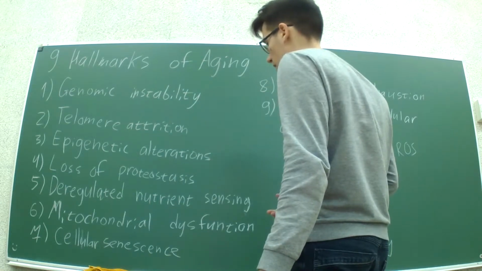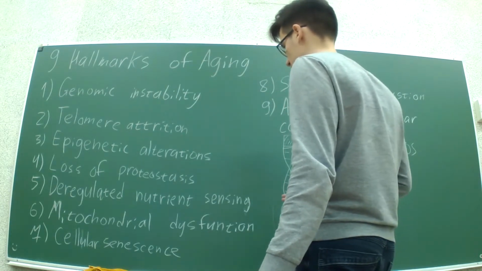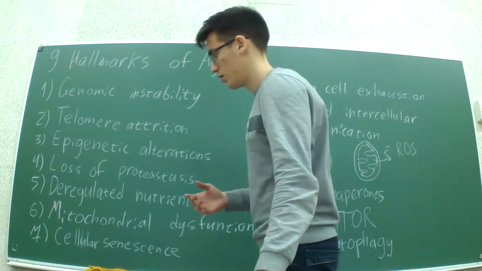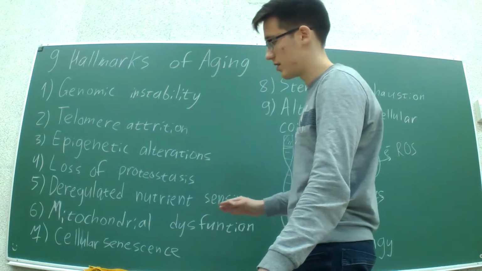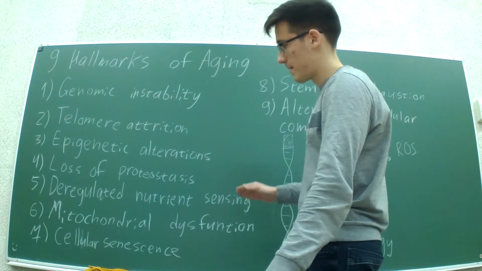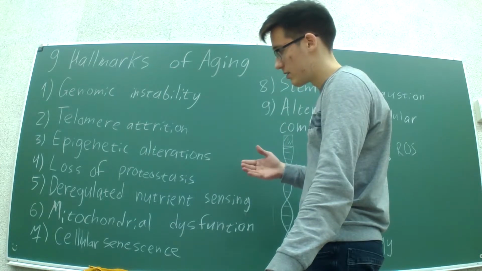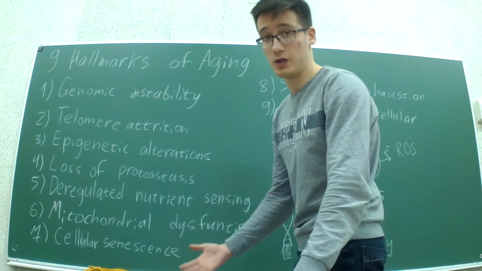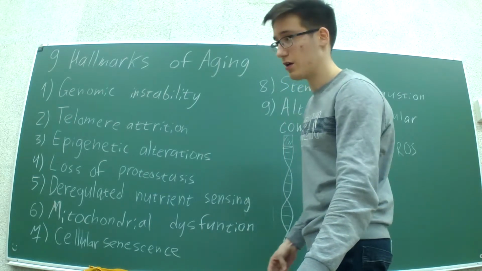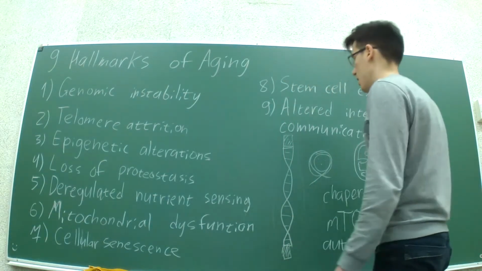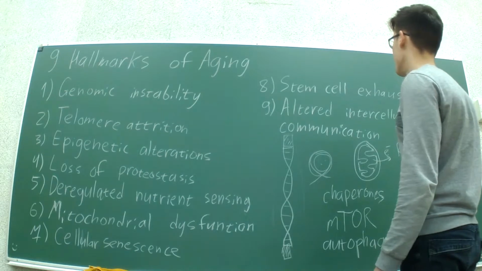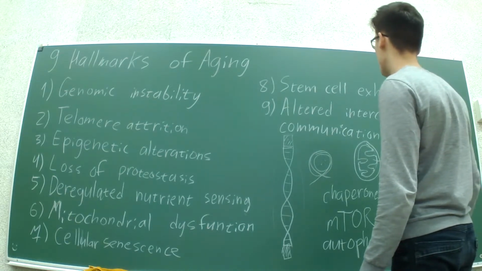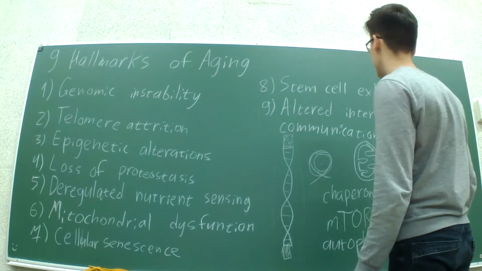But when too many cells become senescent, the body starts requiring replacing those cells with new ones. Alright? And this leads us to the next hallmark, stem cell exhaustion.